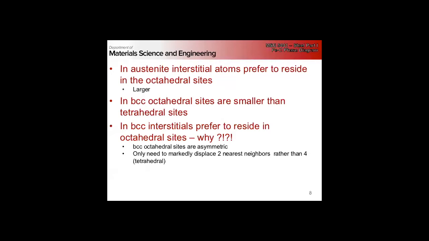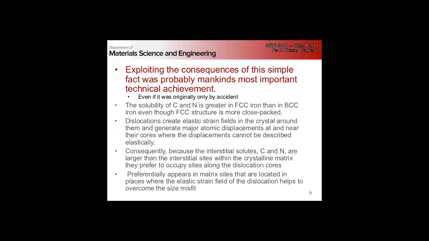But even in BCC, where the tetrahedral sites are larger, it still ends up staying in the octahedral sites because of the asymmetry of the octahedral sites. So you only need to displace two atoms rather than the four neighboring atoms, right? And this is basically what makes steel work, right?